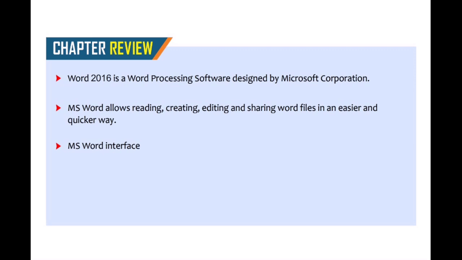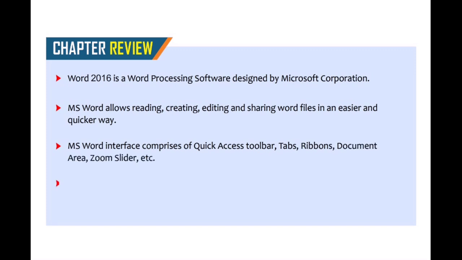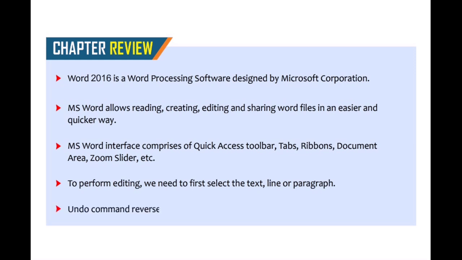The MS Word interface comprises a quick access toolbar, tabs, ribbons, document area, zoom slider, etc. To perform editing, we need to first select the text, line or paragraph. Undo command reverses our last action.